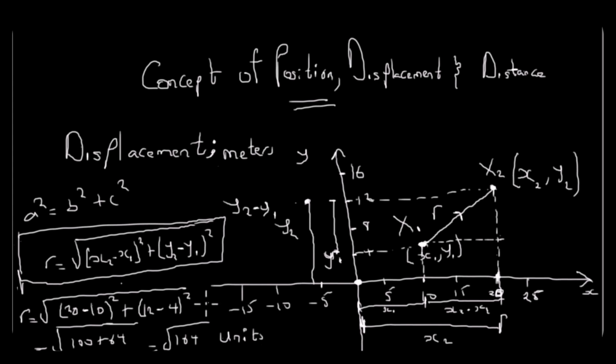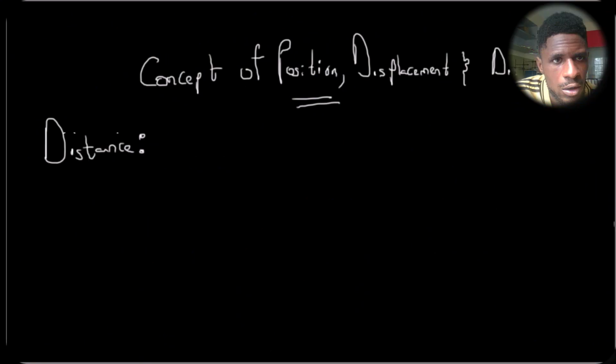All right, so that's how we calculate for displacement in 2 dimensions. Moving on to distance. All right, so now we talk about distance. What is distance? We simply refer to distance as the actual path taken by an object in space or a plane.